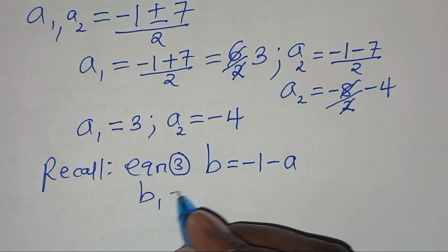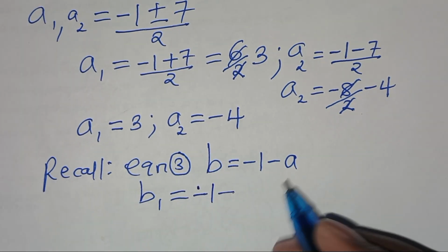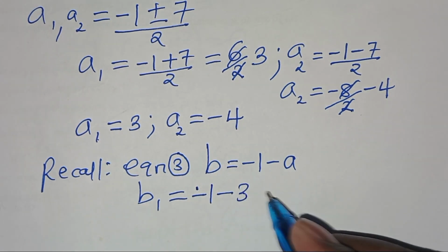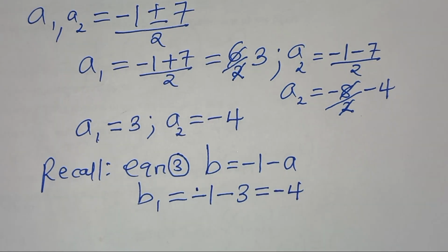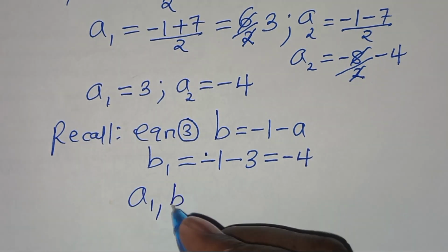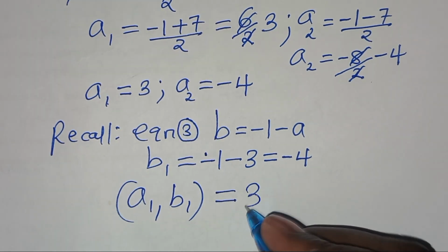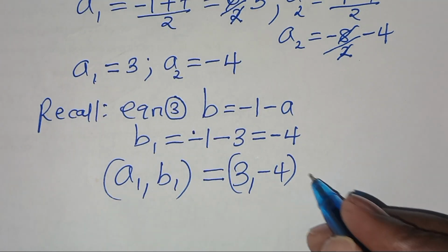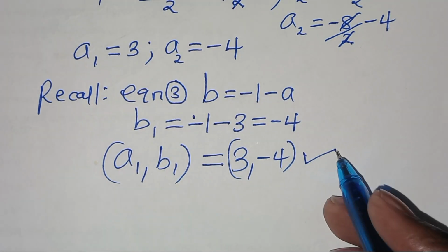So b1 will be equal to negative 1 subtract a, and a1 here is 3. So this means that b1 is equal to minus 4. So this implies that a1, b1 is the same thing as 3, negative 4. So this is the first set of solution.